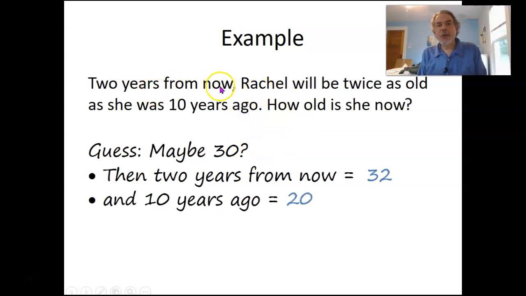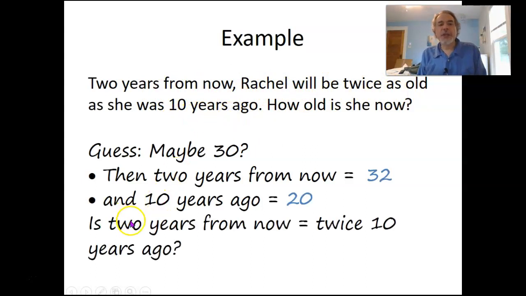And it says 2 years from now, Rachel will be twice as old as she was 10 years ago. So is her age 2 years from now equal to twice as old as she was 10 years ago? That is, is the age 2 years from now, 32, the same as twice her age 10 years ago?